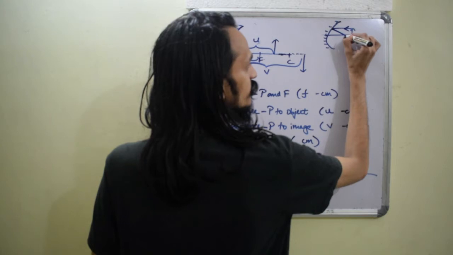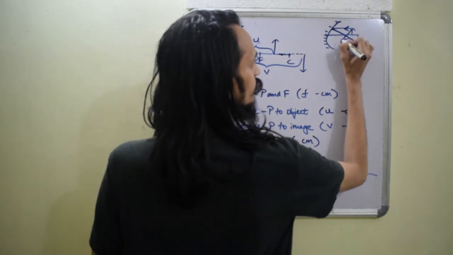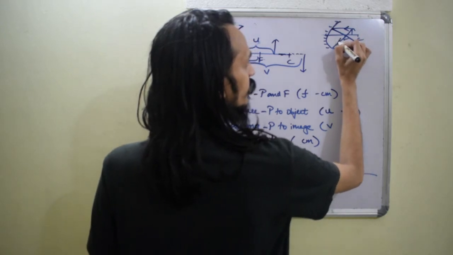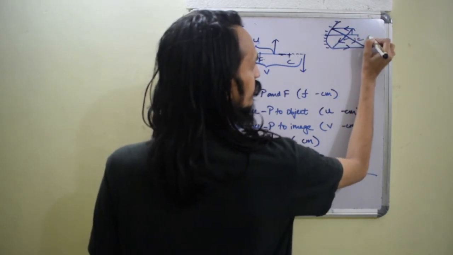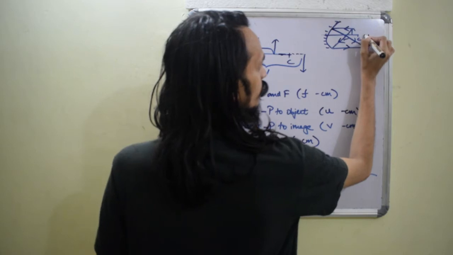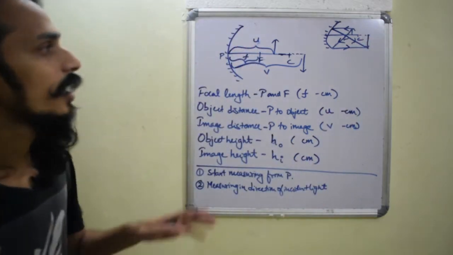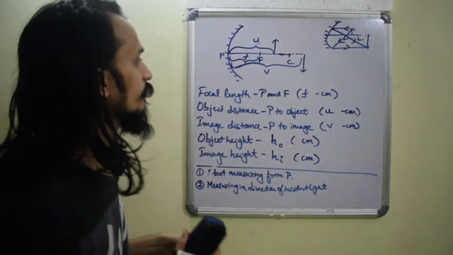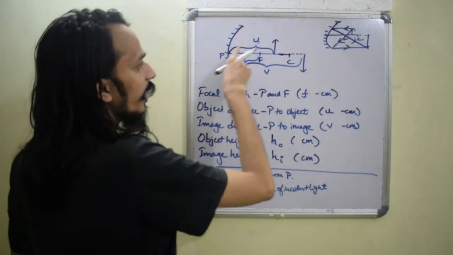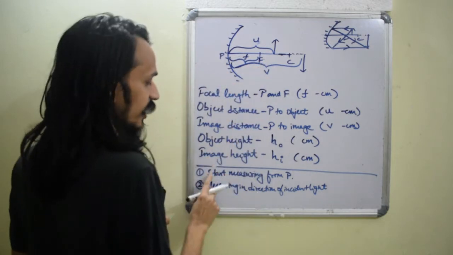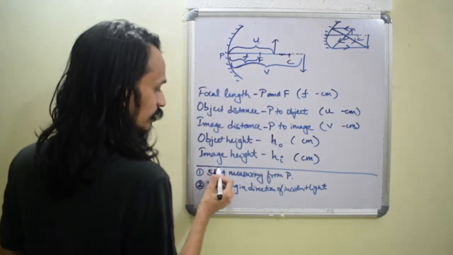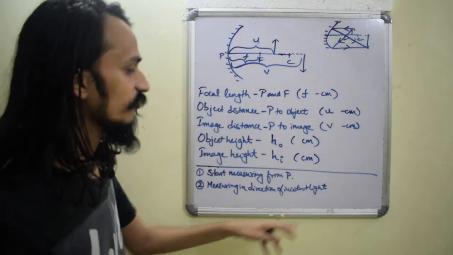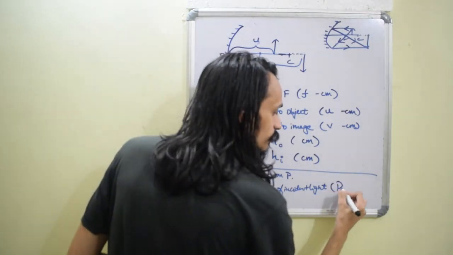Once it hits, it bounces through F, and if it goes through F, it bounces and goes in that direction, right? And this is where they meet, this is where they form the image, right? Now notice that incident light is coming from right to left, but over here I am measuring from left to right because I said I have to start measuring from P. So if you are measuring in the direction of light, we say it is positive.